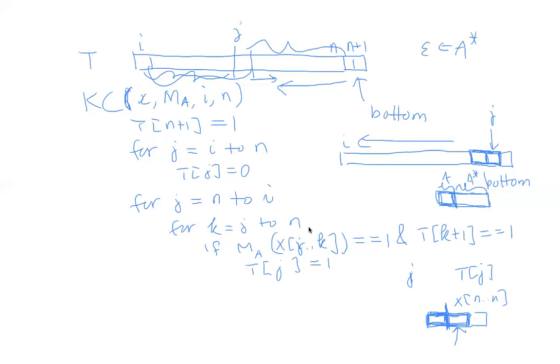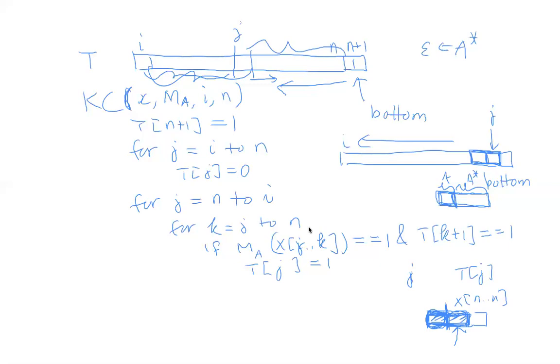Okay, so either when only this is in A and this is 1, then t of j is in A star. So if it's not true, then we're going to look at the whole thing to see whether it is in A, right? So that's what this loop is.